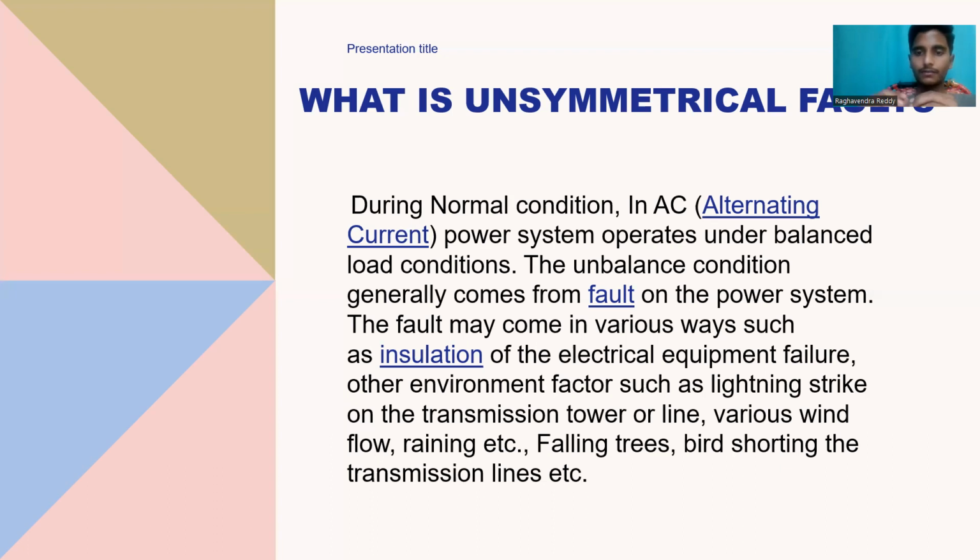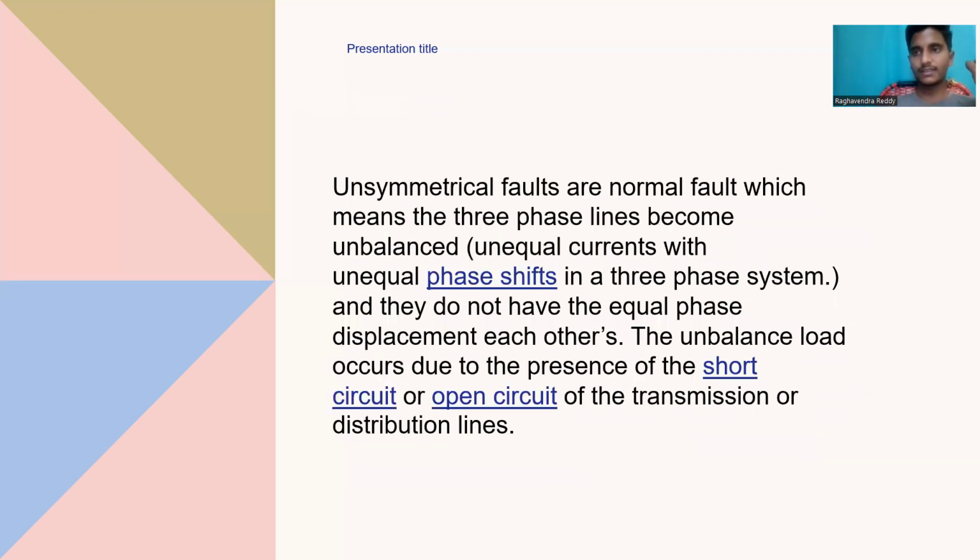These faults are caused by various external factors like insulation failure of electrical equipment, a lightning strike, sometimes wind and rain, sometimes birds or trees shorting, etc. These are some of the reasons for faults, which means unbalanced load conditions. In simpler terms, in brief, it is called a fault.